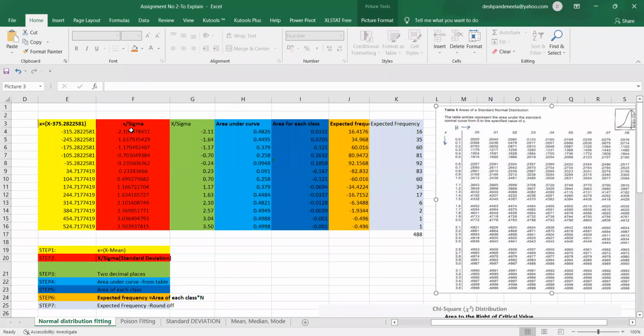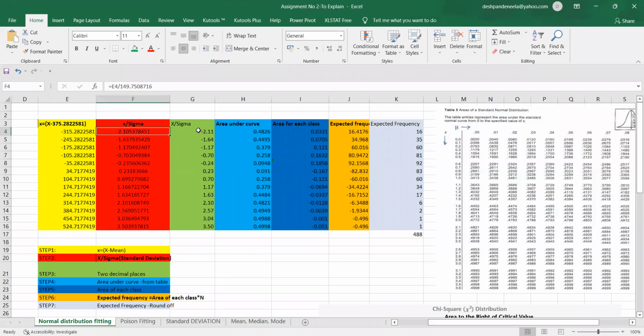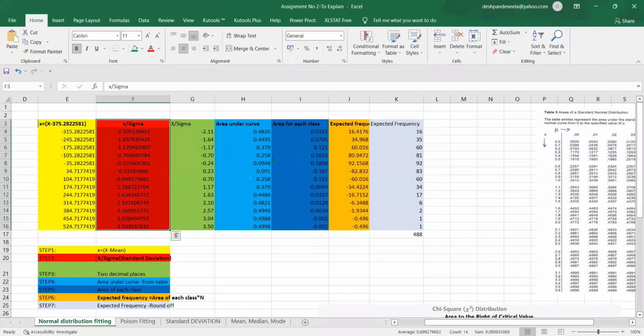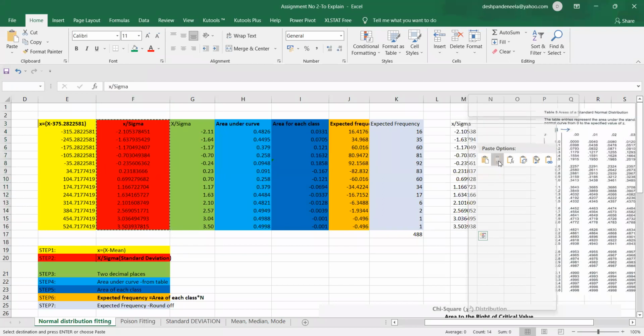I will demonstrate this over here so that it becomes easy for you. I'll just calculate it here. This is just a simple thing.